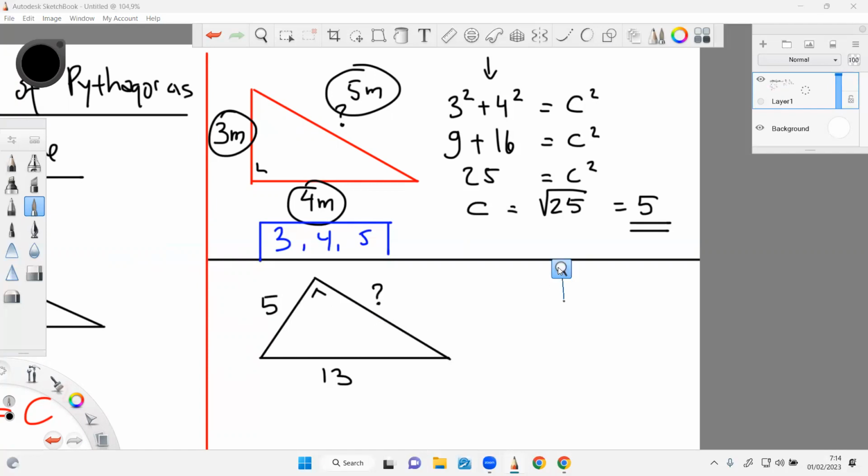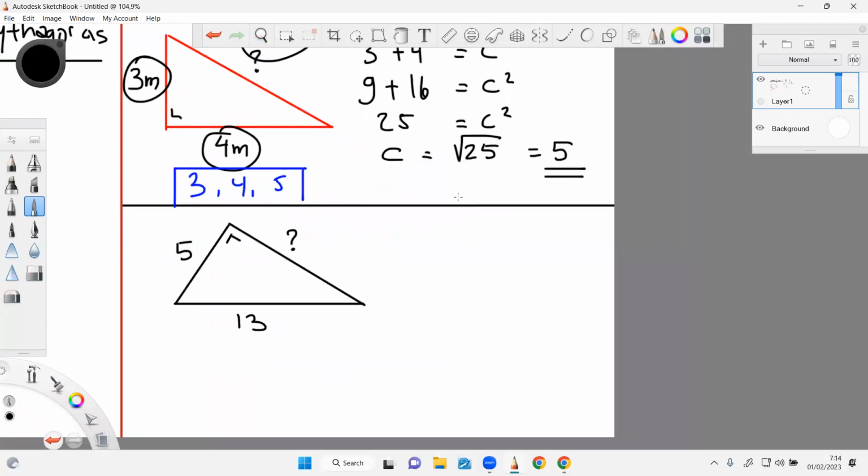If you use the Pythagorean rule, how do you solve? 5 square plus something square. Let's say, what is the C? C is on the hypotenuse, right? So it can be A square plus B square, let's say, equals 13 square. So 25 plus B square equals 169.